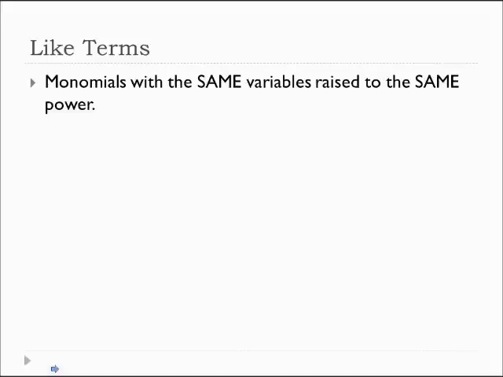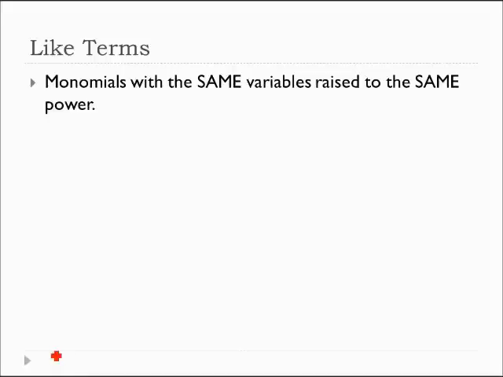If you think of it this way, if you've got different boxes and they're all the same size, exactly the same thing, then you can put them together. The problem with variables is we don't know how big they are. So the only way we know they're the same size is if it's exactly the same variable with exactly the same exponent, because then that box will be exactly the same as any other box with the same variable and exponent.